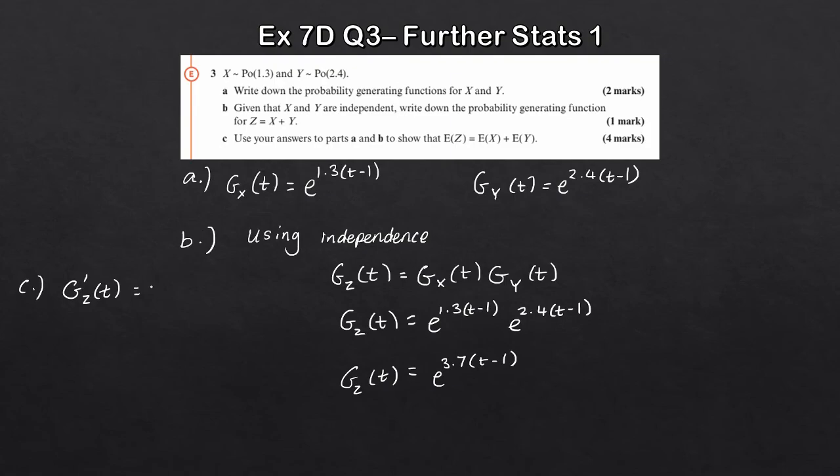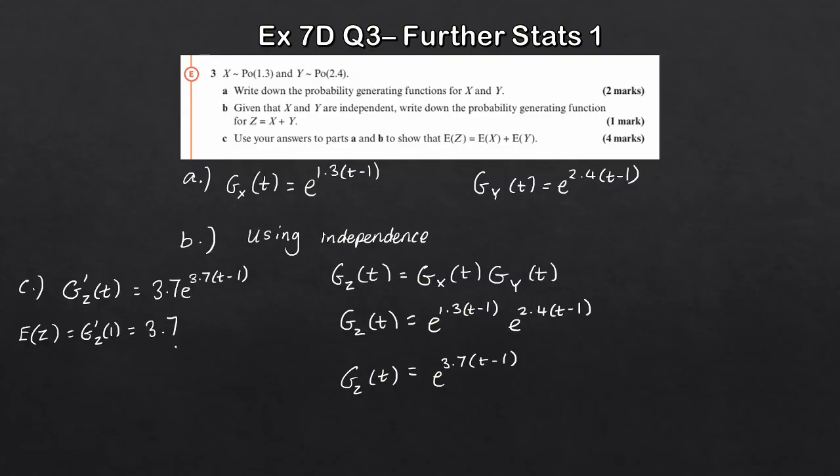Because it's a Poisson, really easy, just multiply it down. So that'd be 3.7 e to the 3.7 (t minus 1). But remember, the mean comes from subbing 1 into here, so E of Z would be 3.7 e to the 0, which just gives me 3.7.